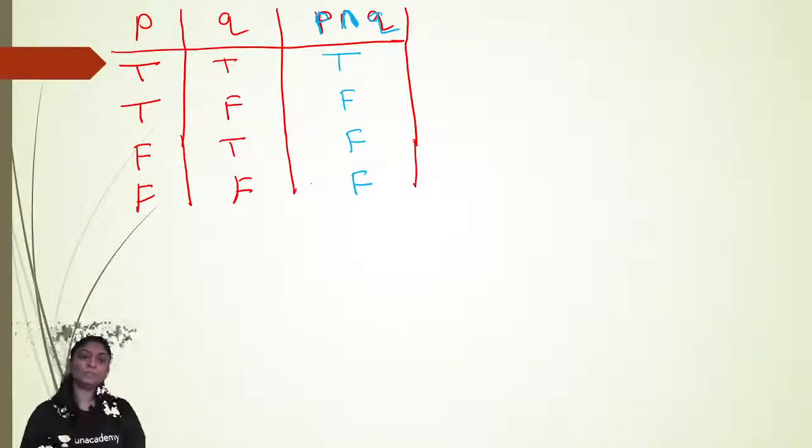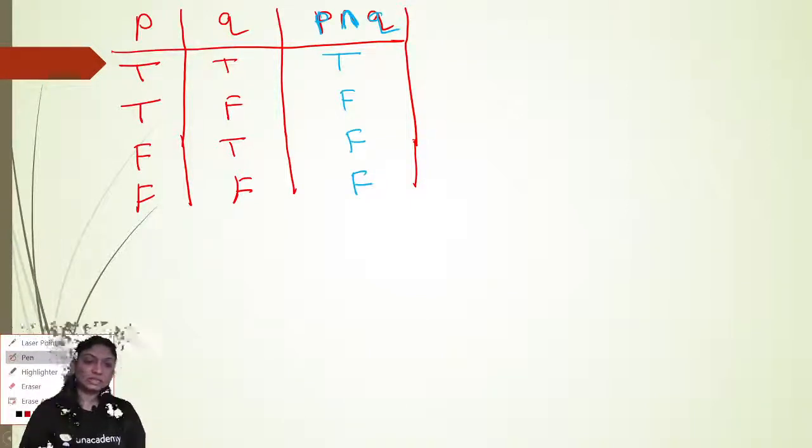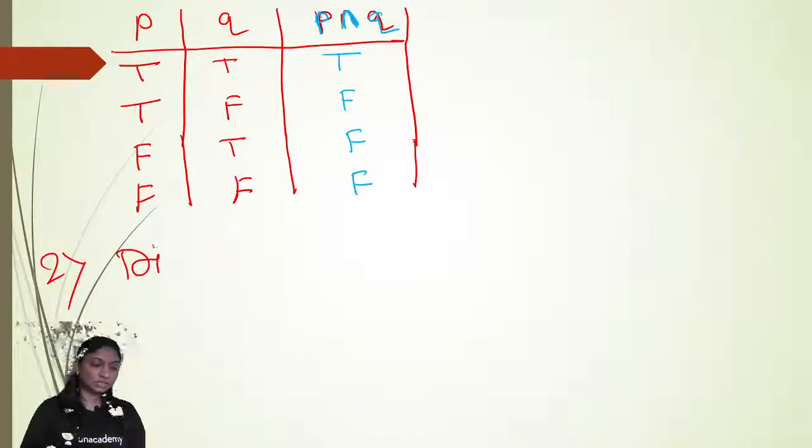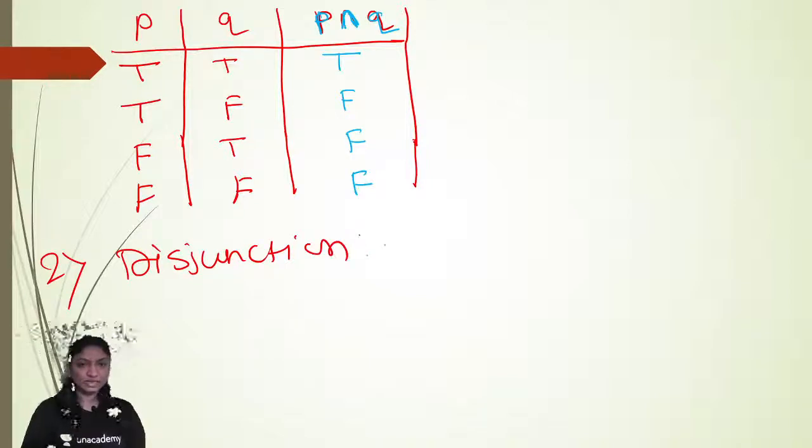Now we will see the next connective, which is disjunction. The second connective is disjunction. What do we mean by disjunction?